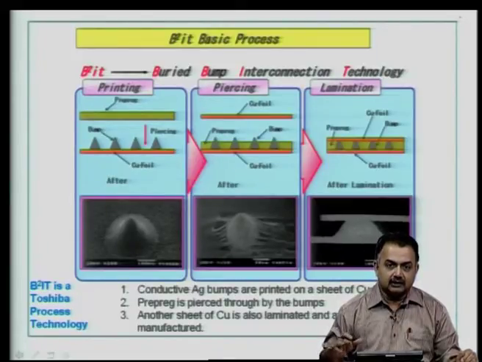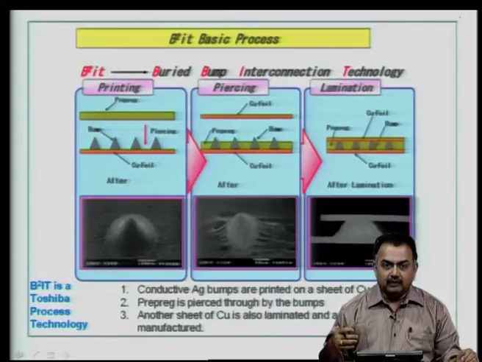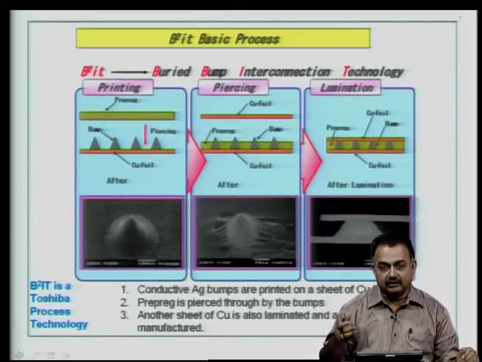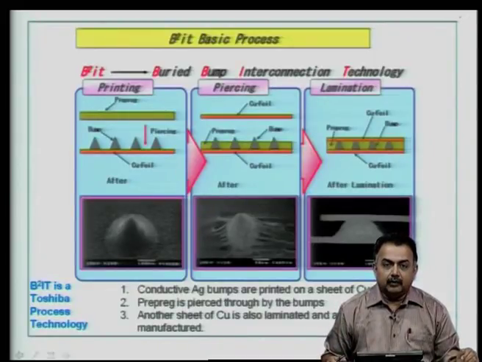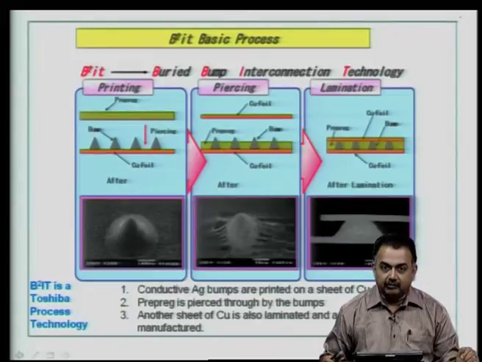Now, all the advanced technologies that we are describing here in the HDI process are one way of bringing some kind of a novelty into creating a micro via, and this micro via structure is what enables a high density interconnect structure, because you are able to reduce the feature sizes of the conductor lines, increase the number of layers to an optimum of let us say 6 to 8 layers, and then provide a lot of fan out area for packages like a BGA and CSP to be mounted on these kind of system level structures, so that you get a high performance.